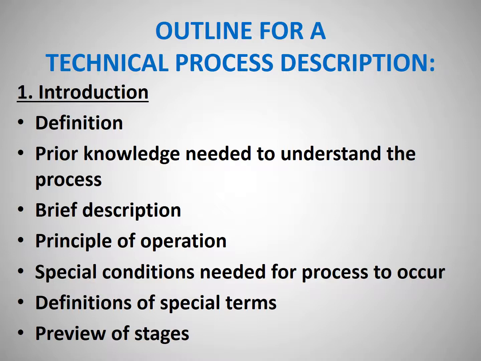So if I'm talking about how a solar collector works, I would probably have to say something like, you're going to need X number of days of unclouded sunlight in order to get enough sun power to do this. Or, you know, what conditions need to prevail in order for the process I'm talking about to occur.